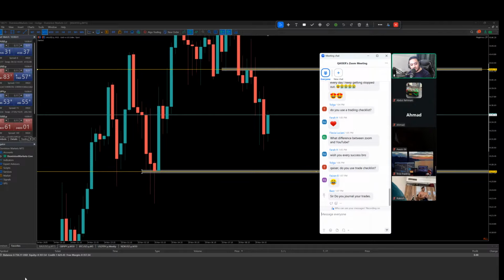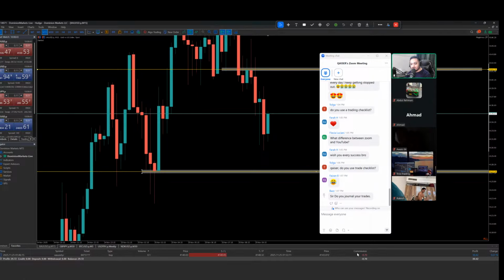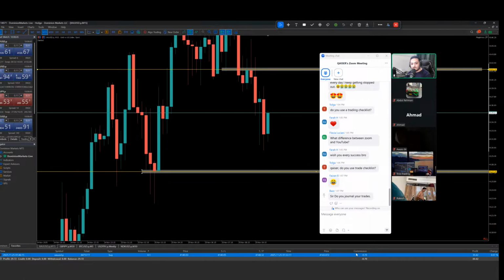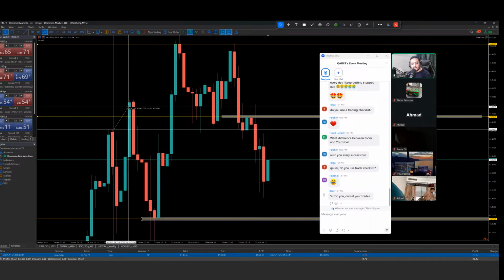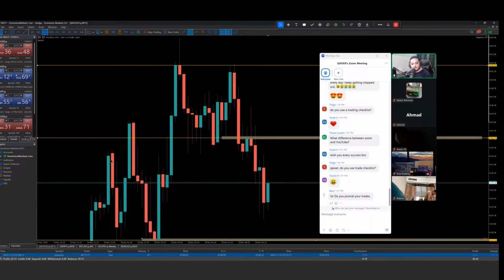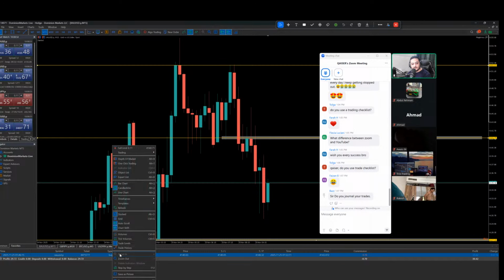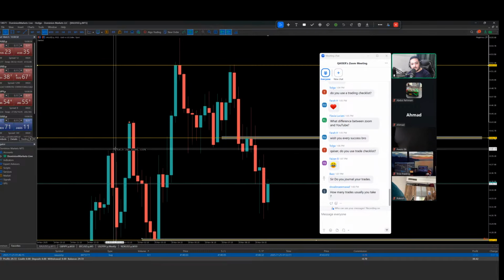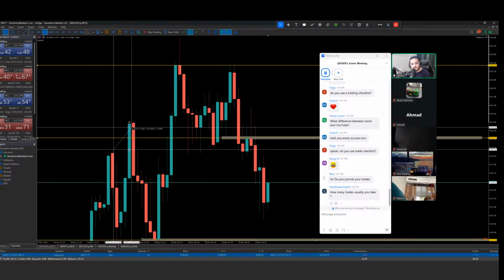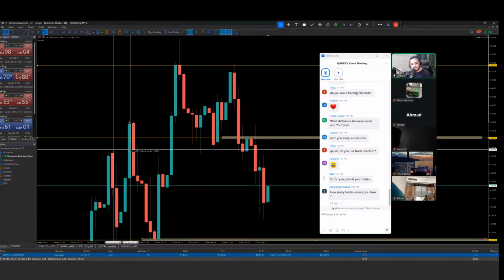I took one trade on Asian actually today. Here I grabbed 35, 36 pips somewhere here. Here I took a buy, closed 80% of the position. Let me just see. Yeah, this one. Executed a buy, closed 80%. Price came back and hit my break even.